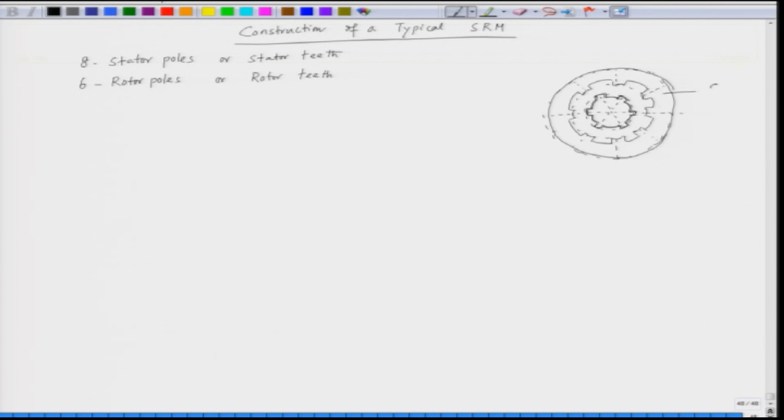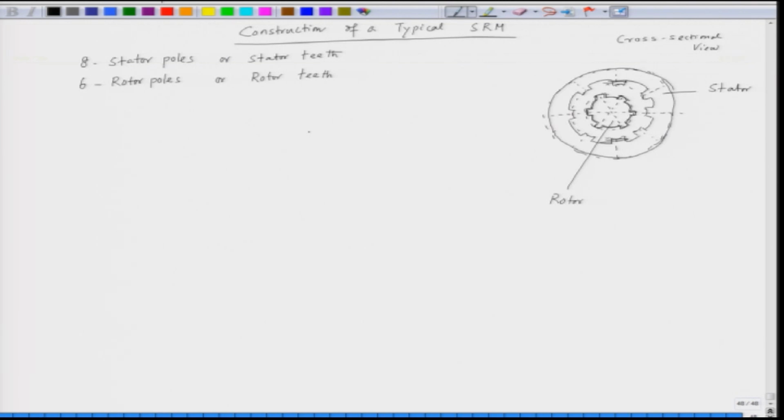So, this is our stator, and this one is the rotor, and we are taking a cross sectional view. The windings are on the stator, the rotor does not have windings, the rotor has got 6 poles and the stator has got 8 poles.